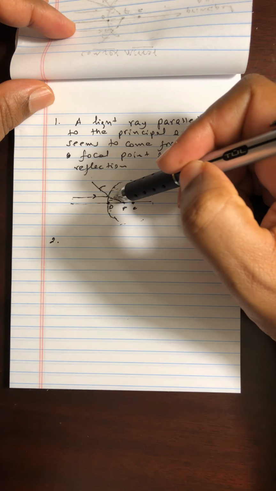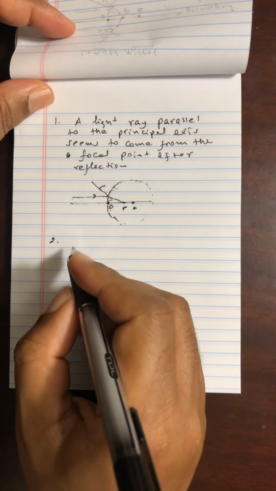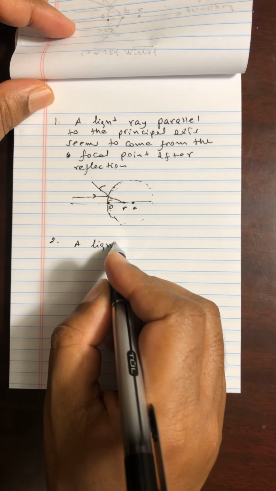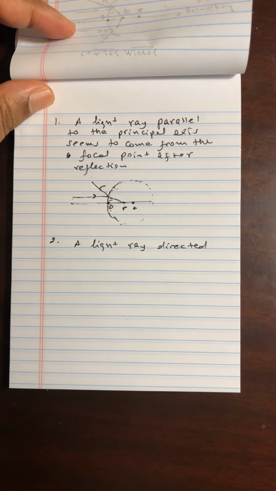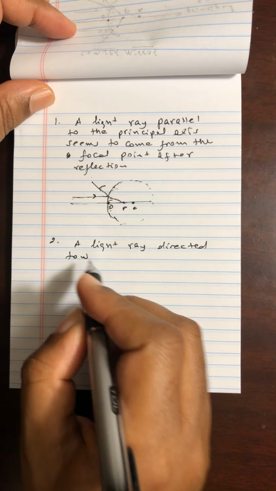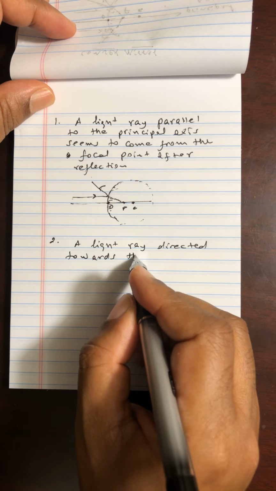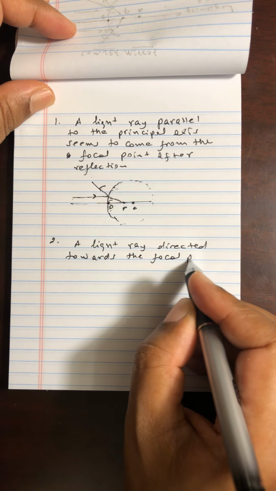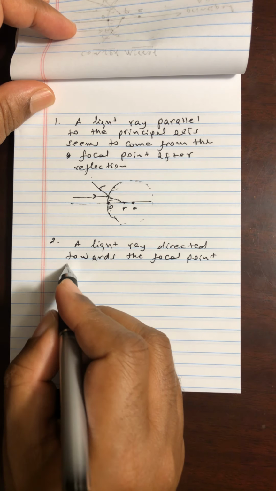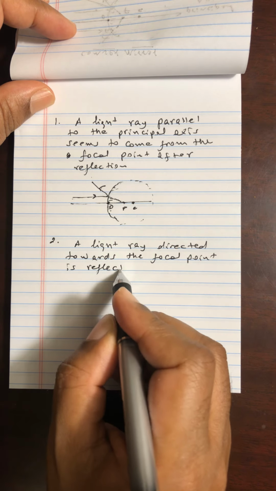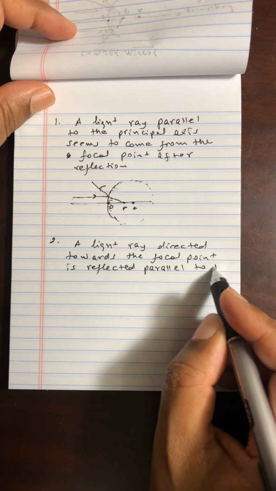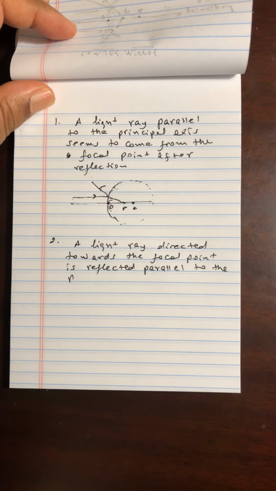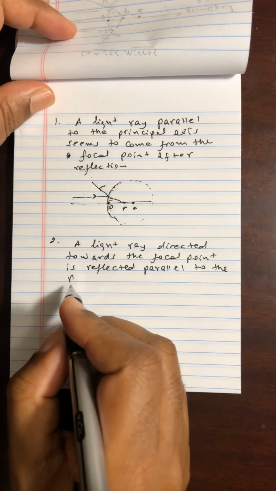A light ray directed towards the focal point is reflected parallel to the principal axis.